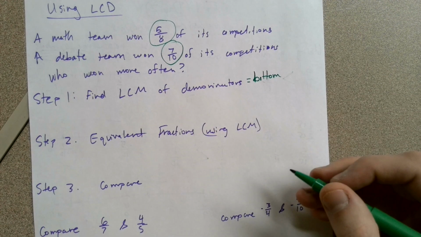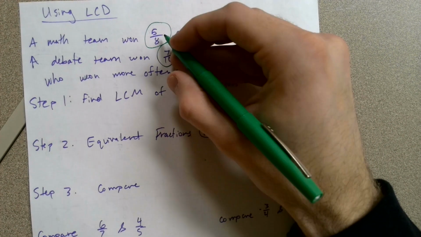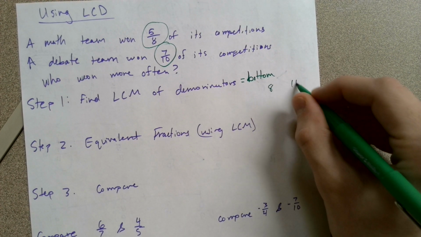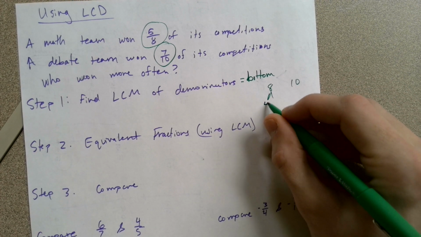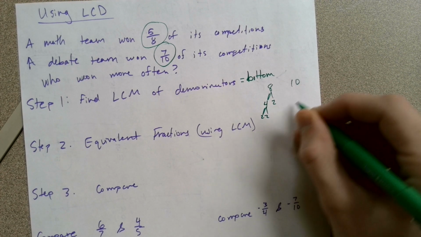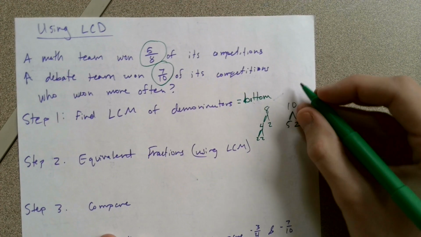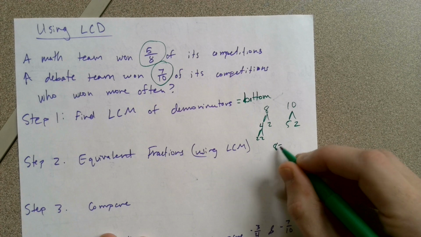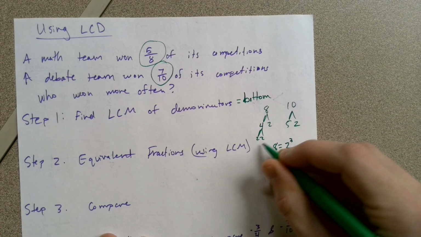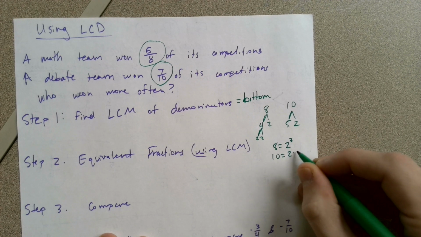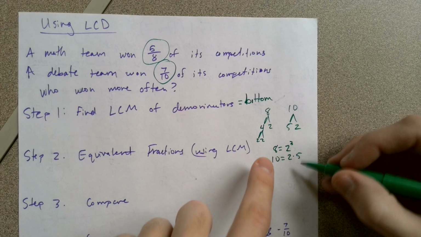I'm going to use the prime factorization for these ones, get some practice with that. So I'm looking at the bottom numbers. We've got 8 and 10. This one's going to break down into 4 and 2, and then again into 2 and 2. This one's going to break down into 5 and 2. Okay, so for 8, we've got 2 to the 3rd power, 2 three times. For 10, we've got 2 times 5. Remember, we're finding the greatest factor of each.